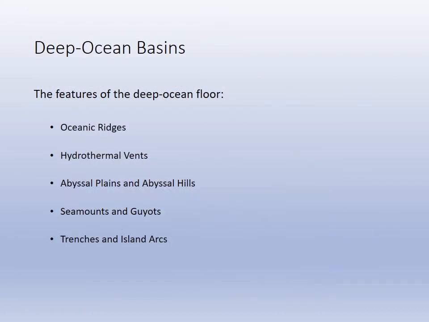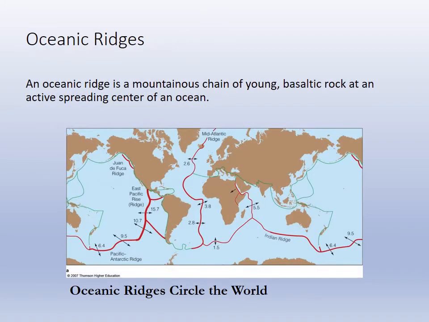Now our deep ocean basins, which are basaltic, contain the ridges with vents, hills and plains, seamounts and guyots, and then we have our areas of subduction, the trenches and the archipelagos or island arcs. This shows all of the spreading deep sea trenches.